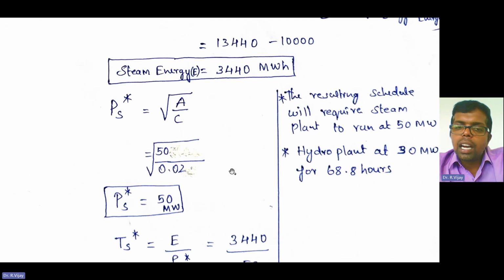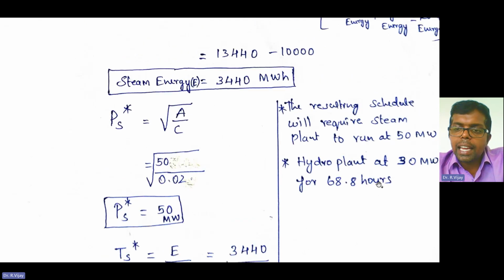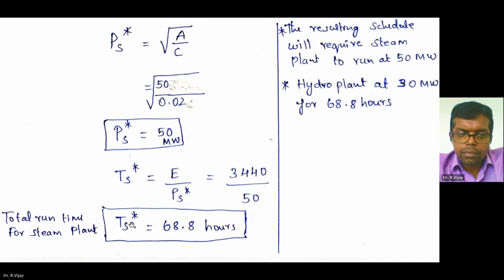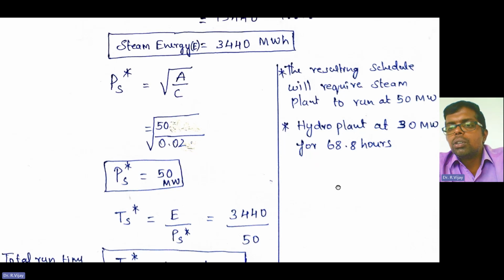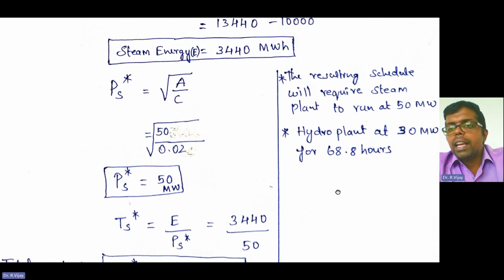The operating hours we calculated is 68.8 hours. Total runtime for the steam power plant is 68.8 hours.